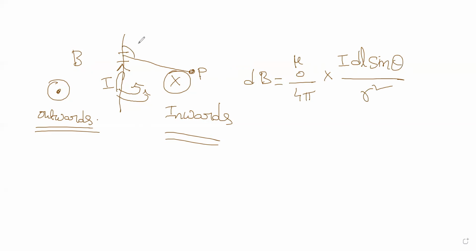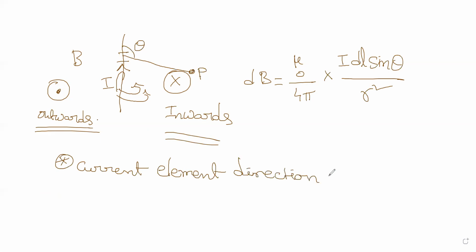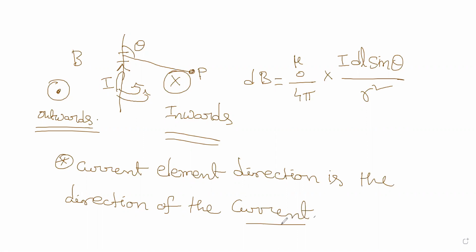The current element direction is the direction of the current. This is the first and foremost thing which you have to remember. This is part 1 of what we have done.